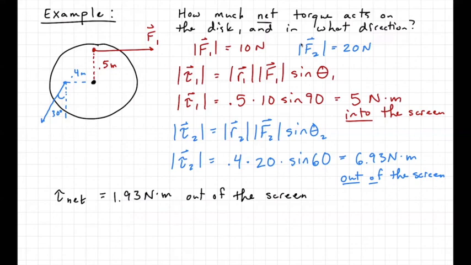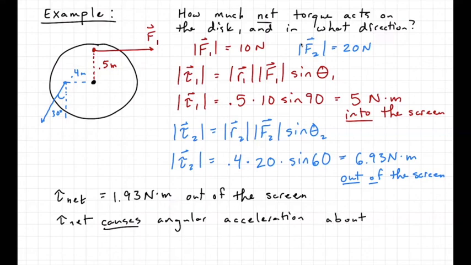So we said that net torque causes angular acceleration about the axis, which is the direction that the torque points. So how should I say this? The net torque causes angular acceleration about the axis along which it points.